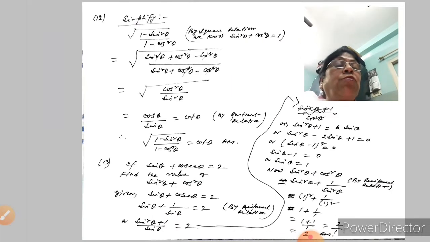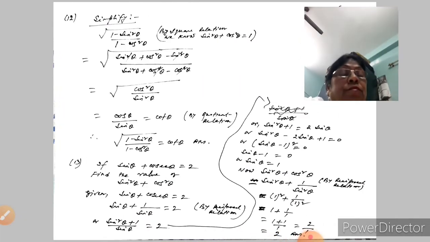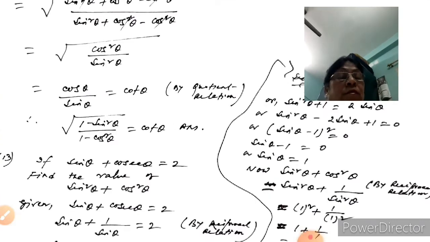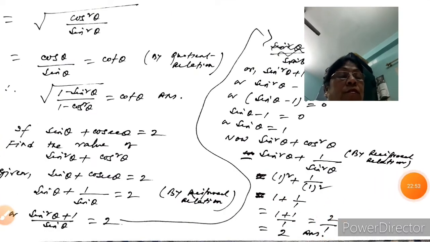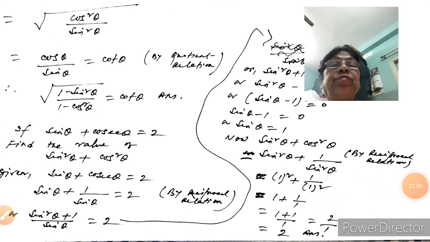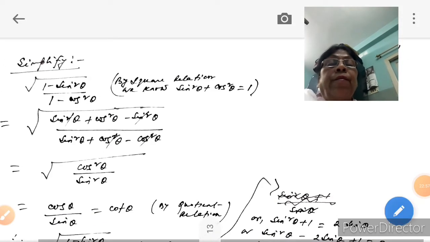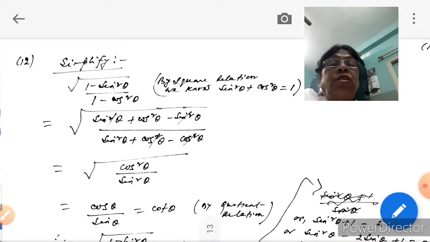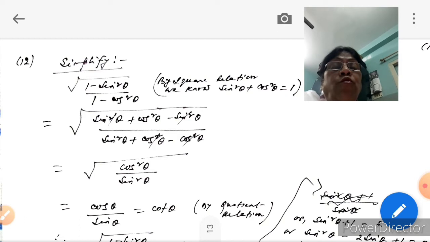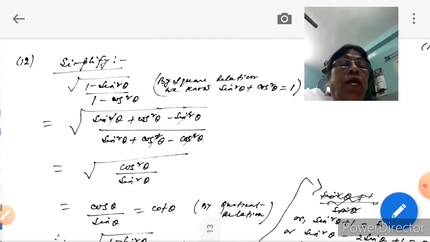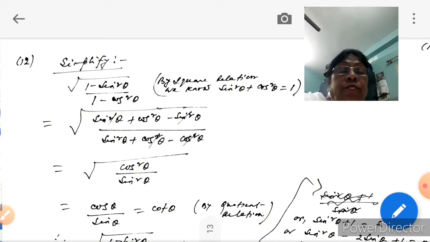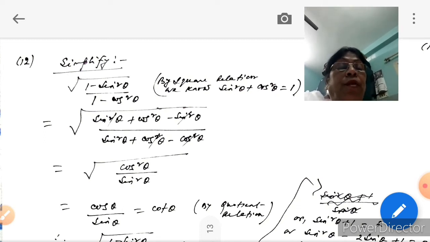Now, come to question number 12. Simplify root over 1 minus sin square theta by 1 minus cos square theta. We have to simplify.